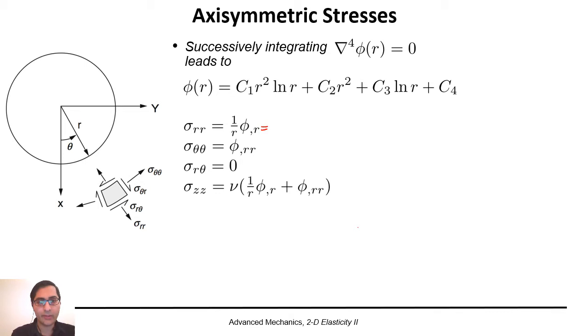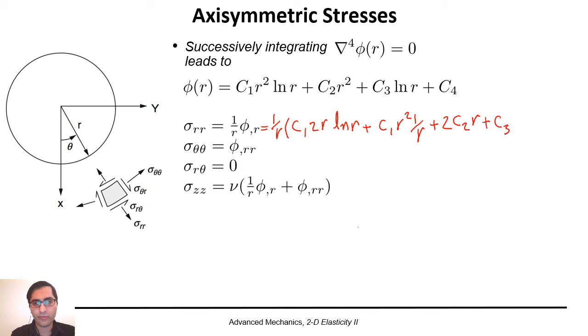We're going to get 1 divided by r times c1, the derivative of φ with respect to r, which gives us c1 2r ln of r plus c1 r squared times 1 divided by r, that results from the derivative of ln of r, plus 2c2 r plus c3 divided by r, and c4 vanishes.